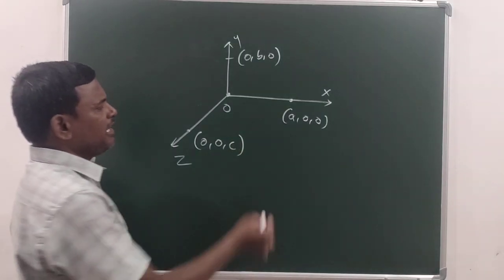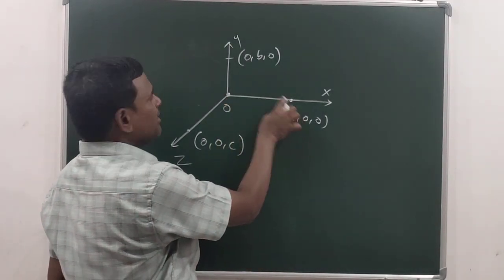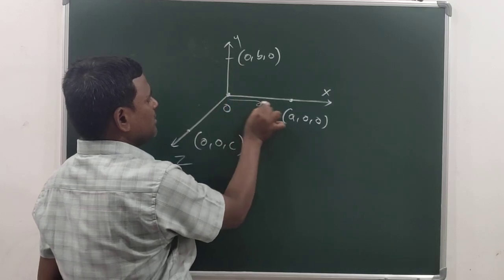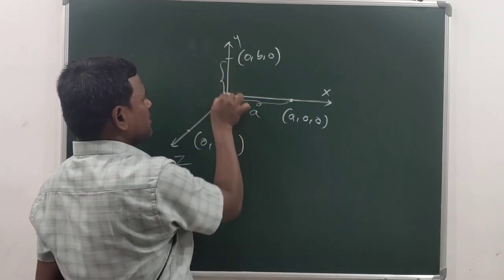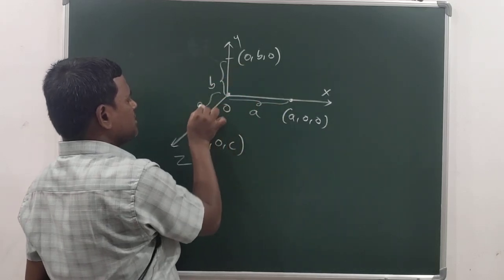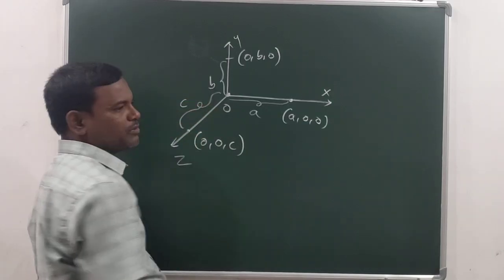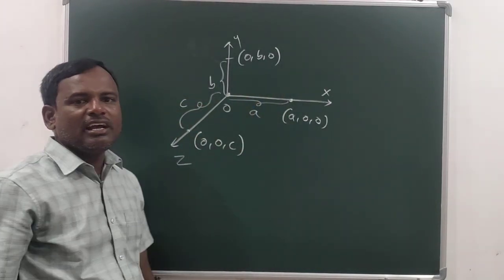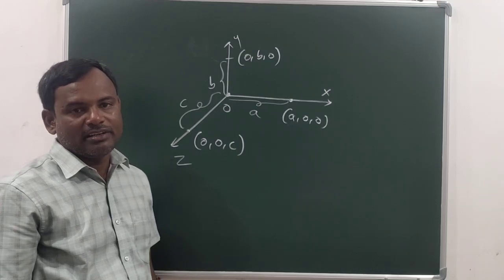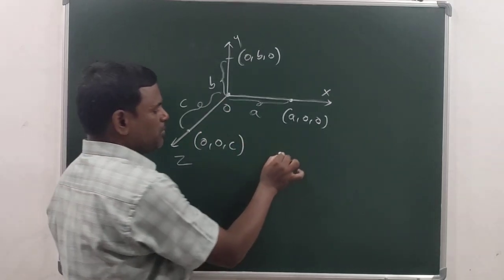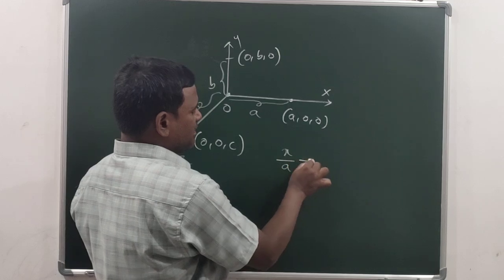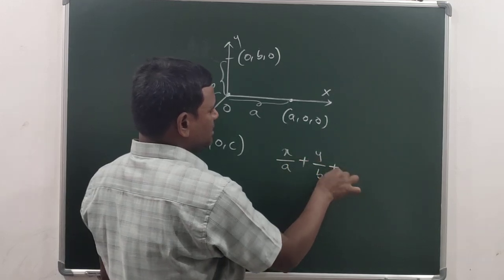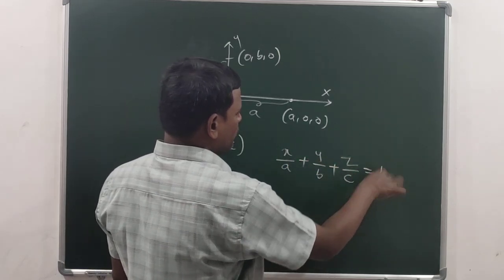This is the x-axis, this is y, this is z. What are given? The x-intercept of the plane, the y-intercept of the plane, and the z-intercept. a, b, c are the intercepts made by the plane. Then find the equation of this plane. So you get it like this: x by a plus y by b plus z by c is equal to 1.